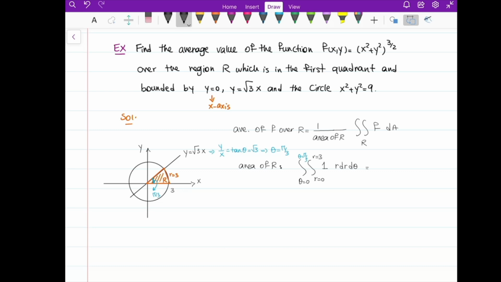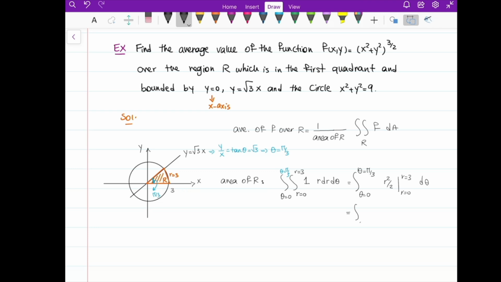Now let me calculate that. The integral from 0 to pi over 3. Let me move this a little bit so that I have more space. There you go. The inner integral is the integral of r dr, which is r squared over 2, r from 0 to 3, and then d theta.